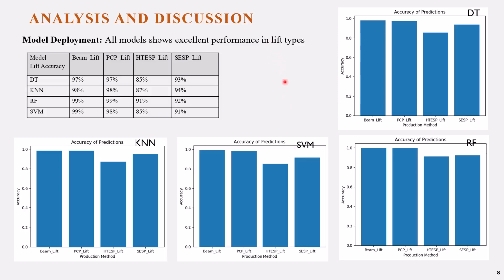After the deployment, we show that all the models in the beam lift and PCP lift have a very high percentage, and the standard ESP lift is also all above 90%. For the high temp ESP lift, they are still good, with only one, random forest, showing above 90. This distribution is shown on those four graphs.